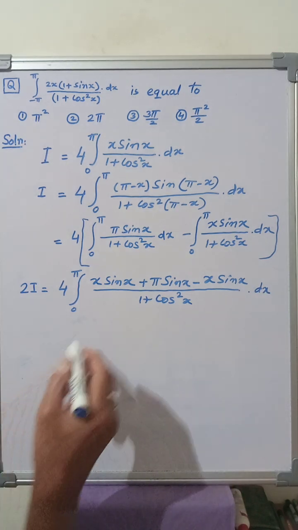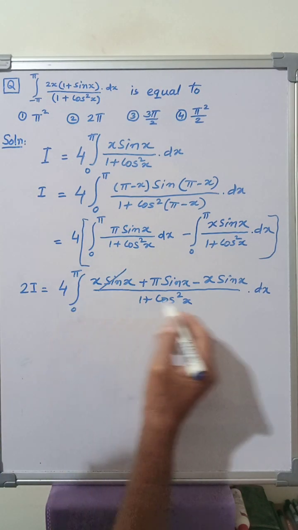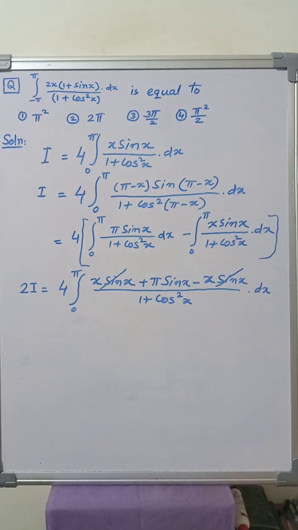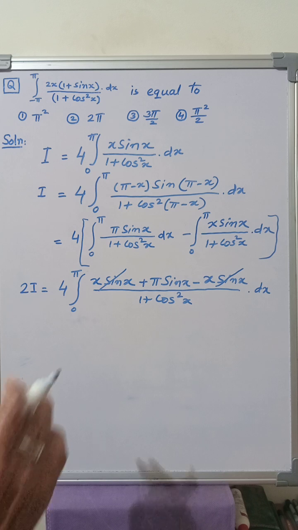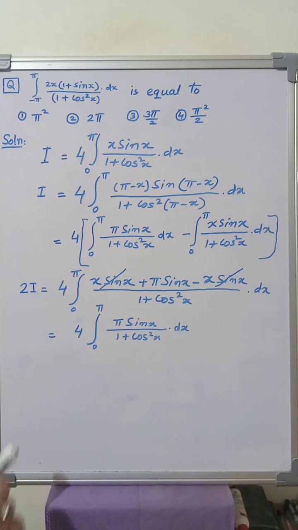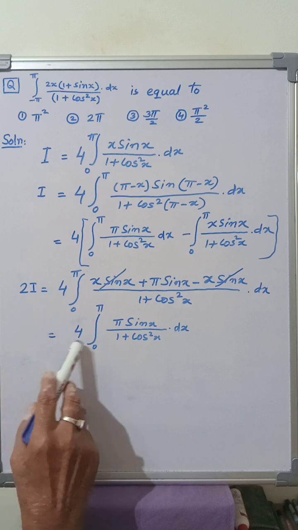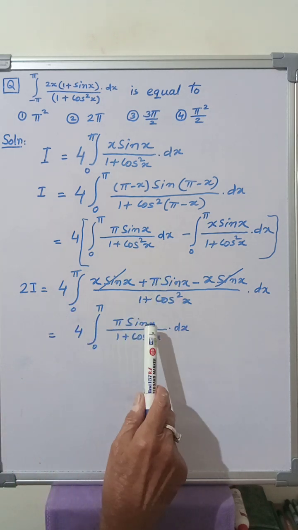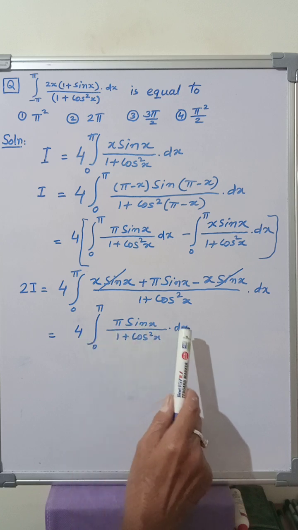Now we can see that plus x sin x and minus x sin x get cancelled. So we get 2I is equal to 4 into integral between limits 0 to pi sin x divided by 1 plus cos square x into dx.